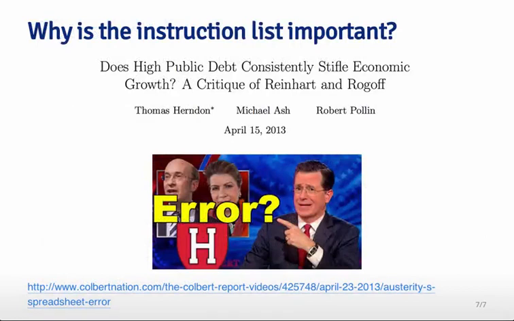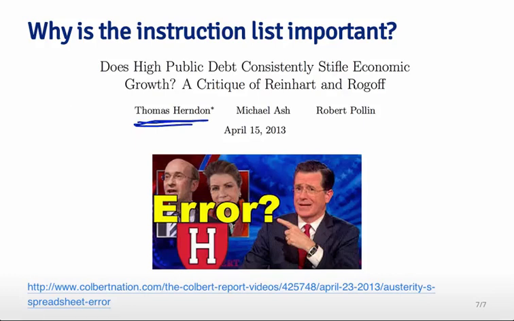And so this is actually a funny example for us, but not such a funny example for Reinhart and Rogoff. These were two authors, and they wrote a paper that talked about growth in the time of debt. It was the paper that was used to justify austerity in a large number of countries politically. And it turned out that this graduate student got a hold of the Excel file that they used, and he looked at the way that they processed the data, and he found a large number of errors.